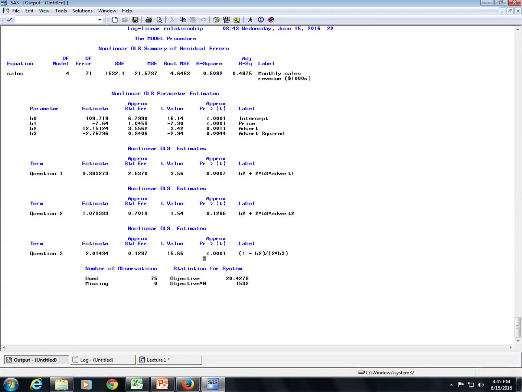Our returns have diminished very close to 1, but not quite. If we want to solve what is the value of x where that coefficient is exactly 1, well, that's our third question. And again, concept check, it should not be surprising that this number is just a little bit more than 2.